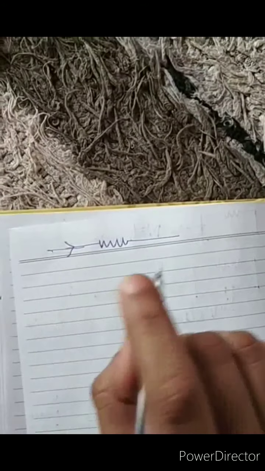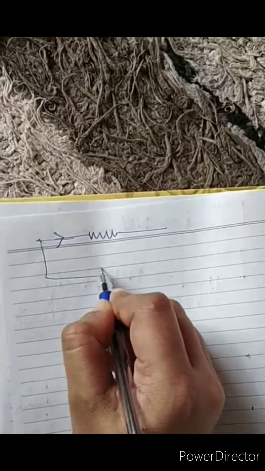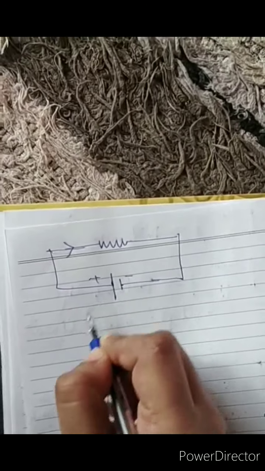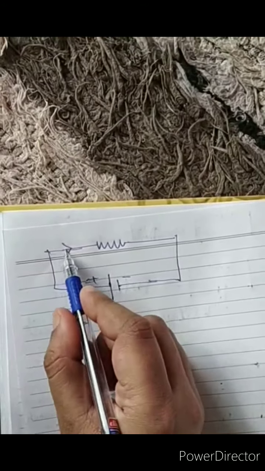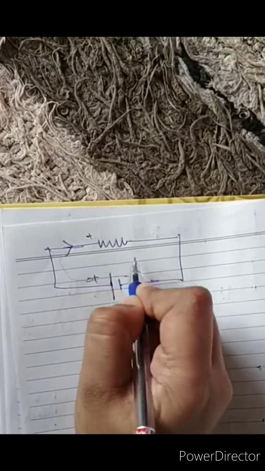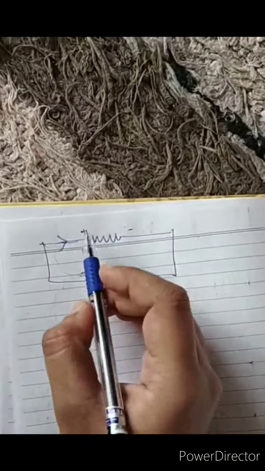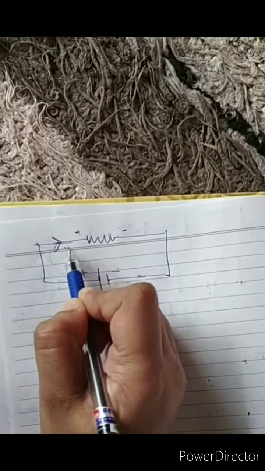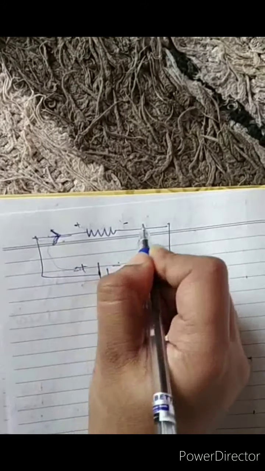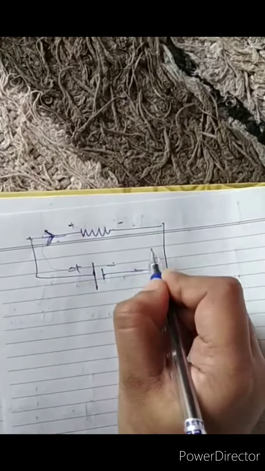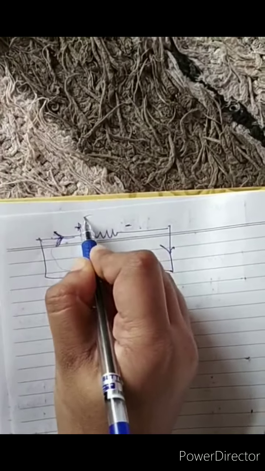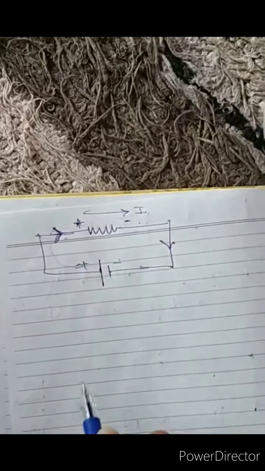Let's say a cell is attached like this, with plus and minus. Current always follows the plus to minus rule, so you mark plus here and minus here. Even if you don't put plus and minus, if you know the current will travel in this direction, this must be plus and this must be minus. That's why current is traveling in this direction.